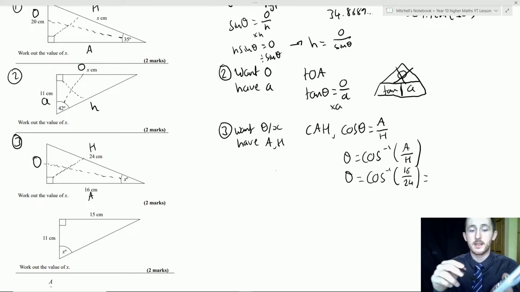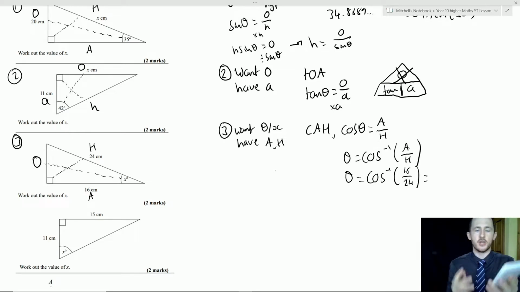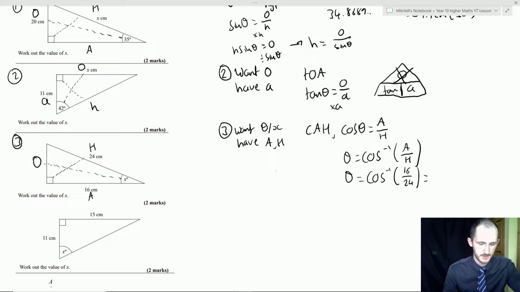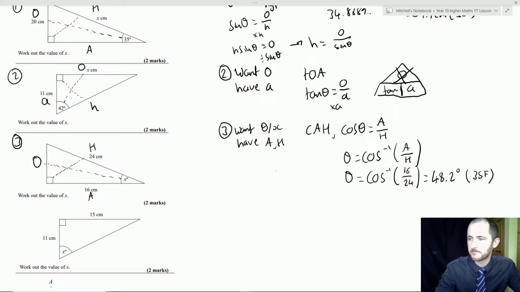Any other calculator, look what the colour of the cos minus 1 is and find the button that corresponds to that. It'd be shift or alpha or function. Equals, and we get 48.2 degrees to 3 significant figures. Not too bad.